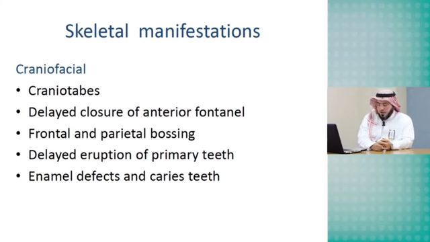Third, the child with rickets usually has delayed eruption of the primary teeth, and we have enamel defects of the teeth. So either enamel defect or delayed eruption of the teeth, frontal and parietal bossing, and the shape of the head will be something called box-like head.